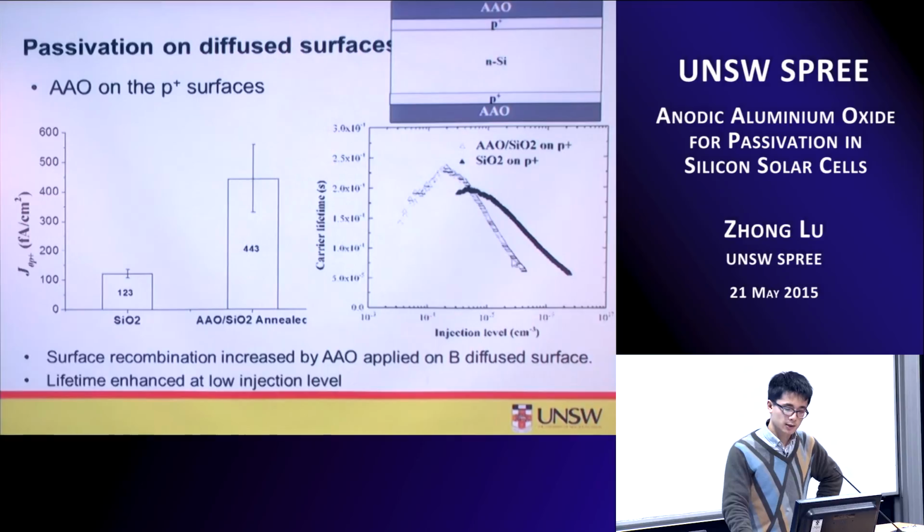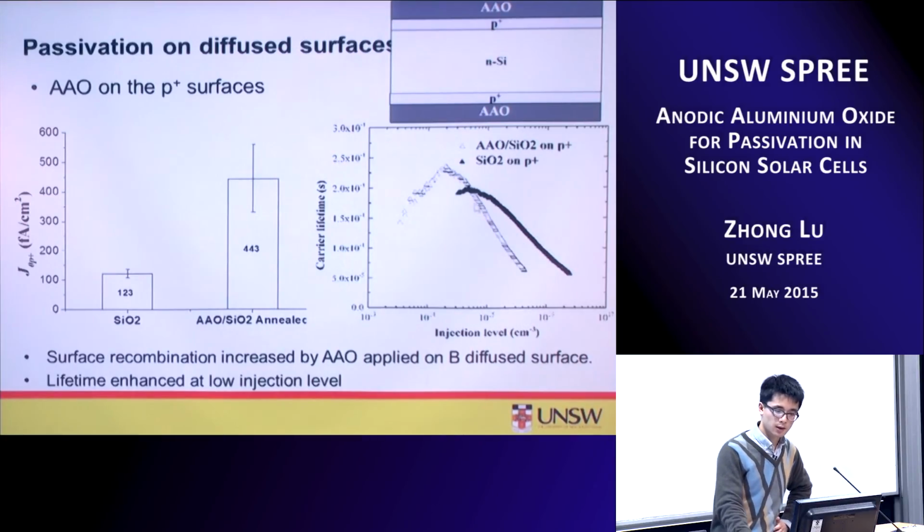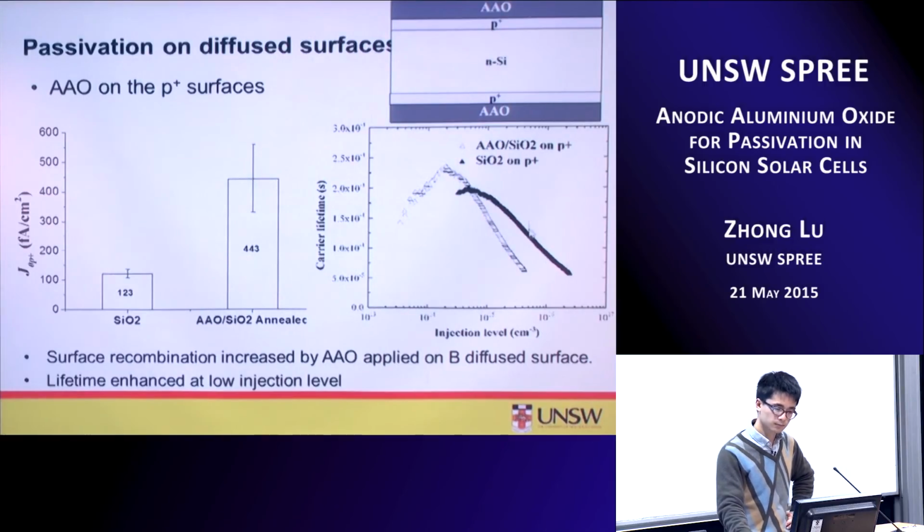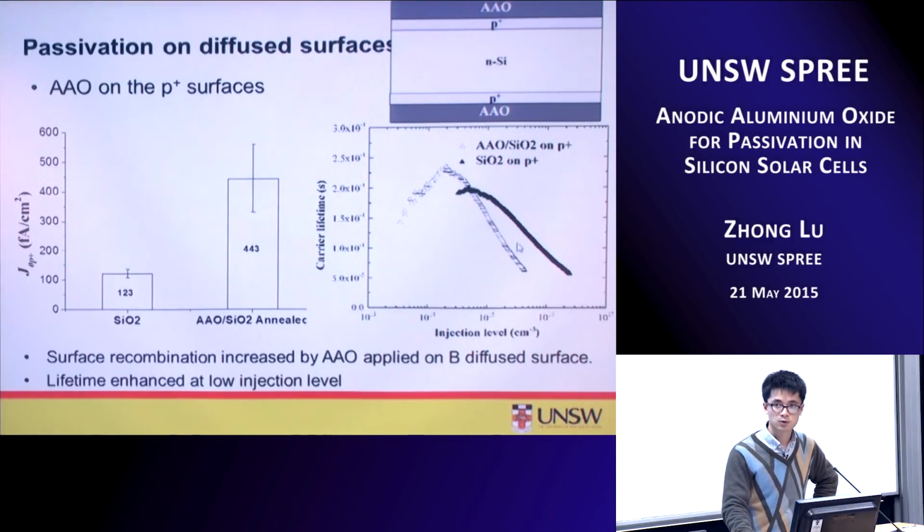And if you look at the lifetime data at high injection range, this is after anodization, this is before anodization. At high injection, the effective carrier lifetime is dominated by the surface recombination, or the J0.